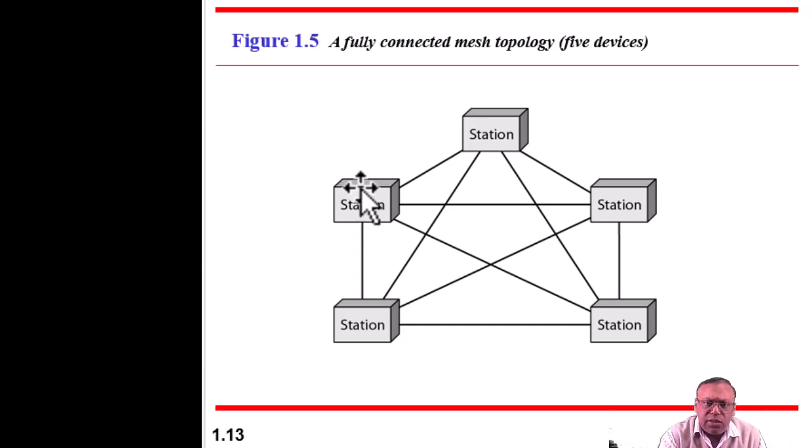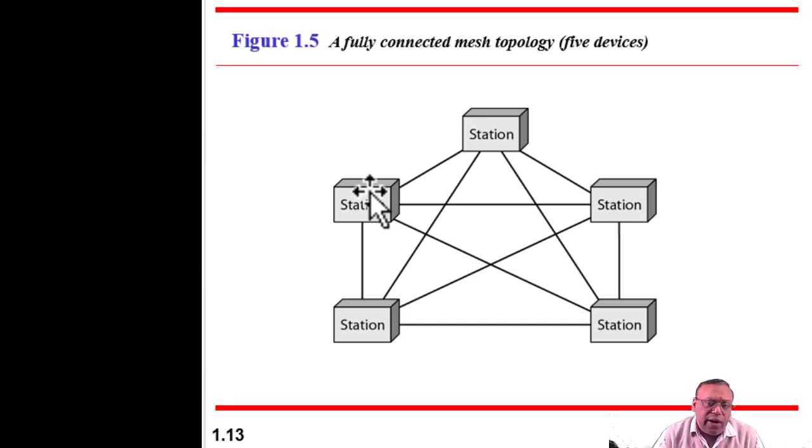So this is the main challenge. Second is the number of wires. We need more, so it again increases the cost. So first the jacks we need, second the cables we need. So both things increase the cost of the system.